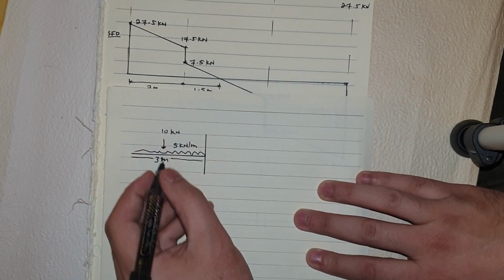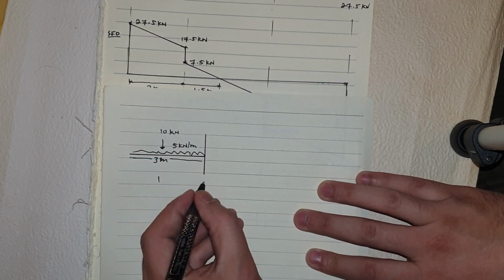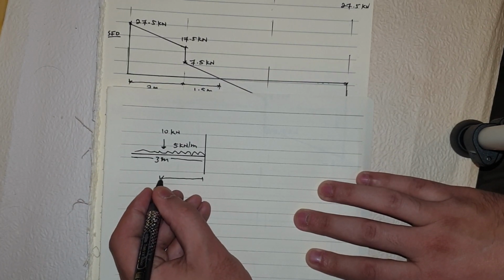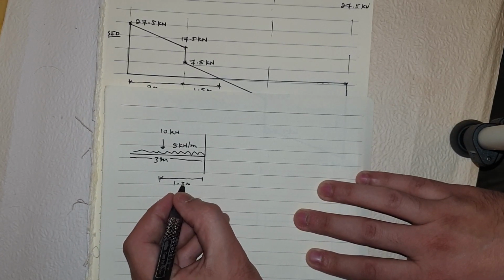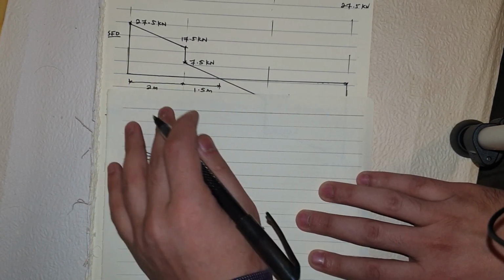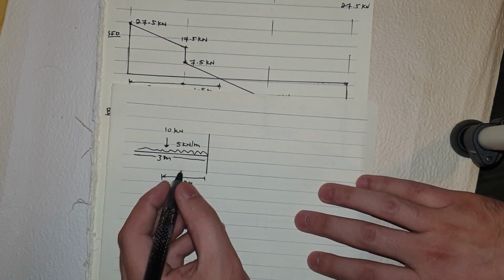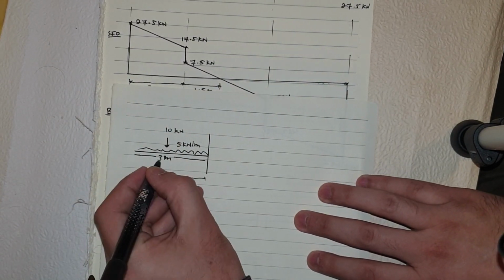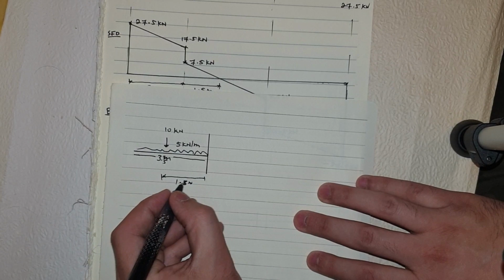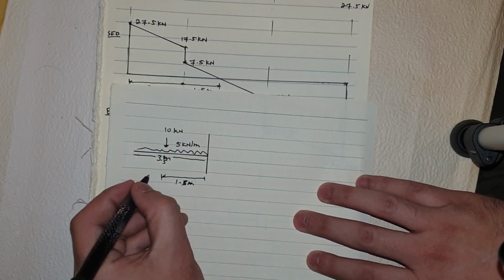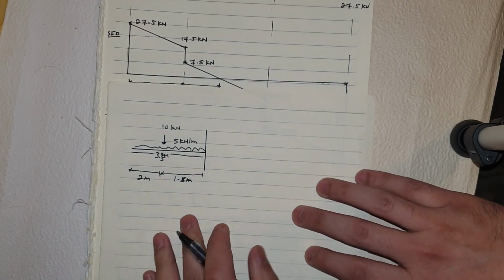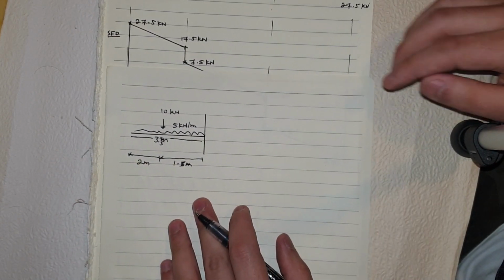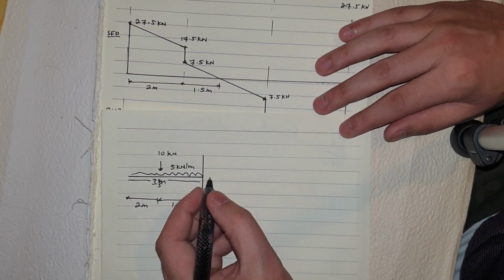But from 10 kilonewton to here, the distance is 1.5 meter, sorry. So 1.5 meter, this distance is equal 2 meter. So total distance is 3.5 meter now.